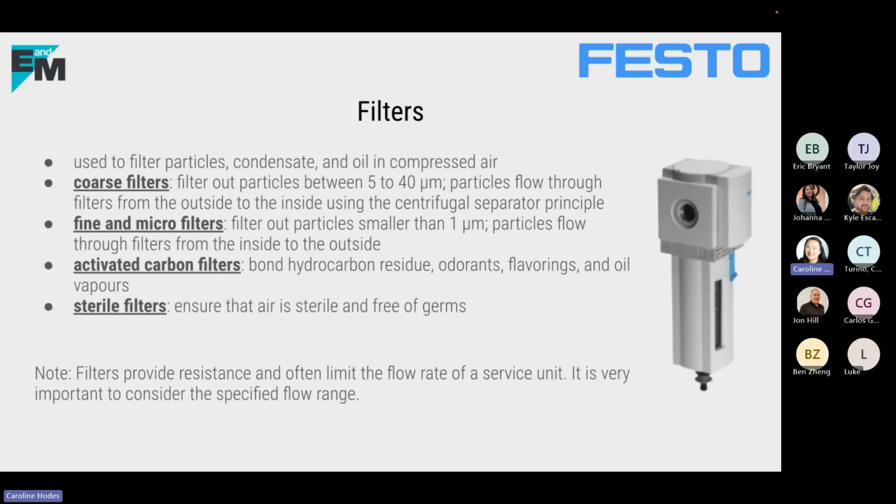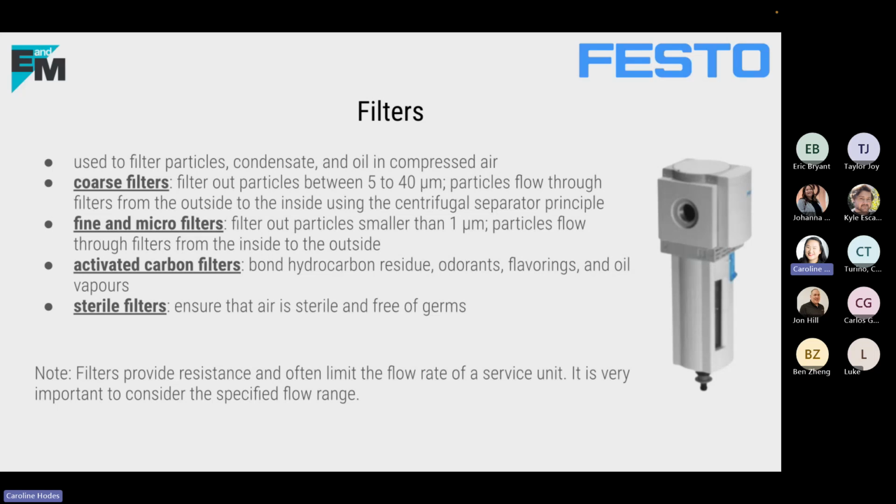And then if you need to be a little bit more refined, there are fine and micro filters, which filter out particles smaller than 1 micrometer, and particles will flow through the filters from the inside to the outside. Then there are activated carbon filters, which will bond hydrocarbon residue, as well as odorants, flavorings, and oil vapors.